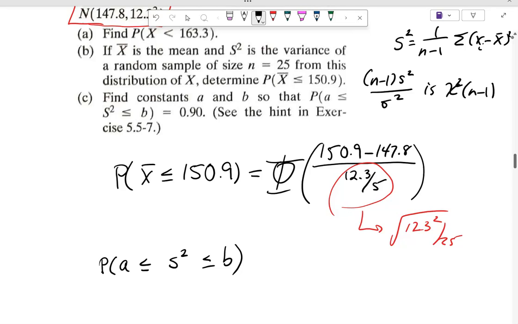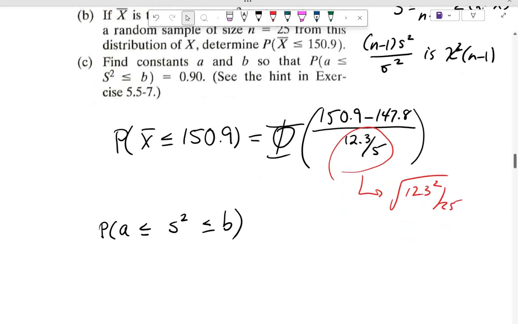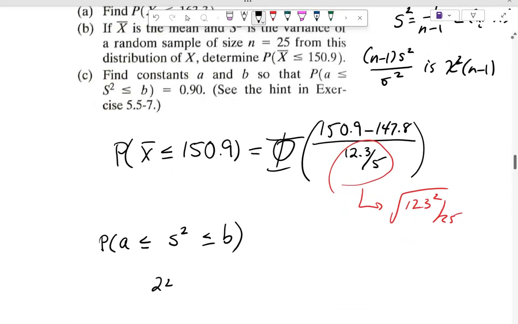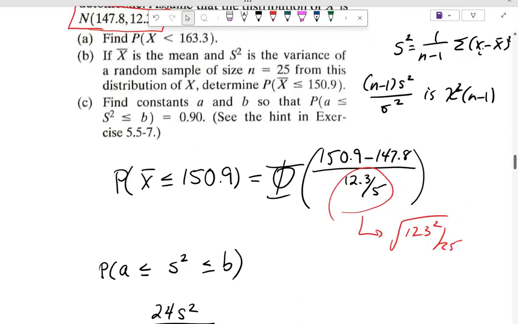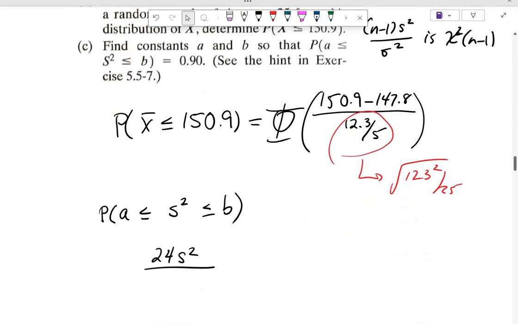In this case, what's n minus 1? 24. Variance is 12.3 squared. How many degrees of freedom? 24. Yeah, good. N minus 1.